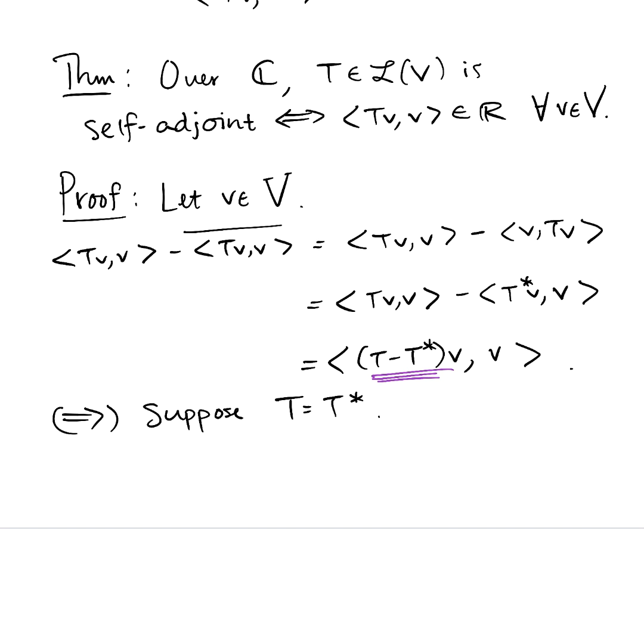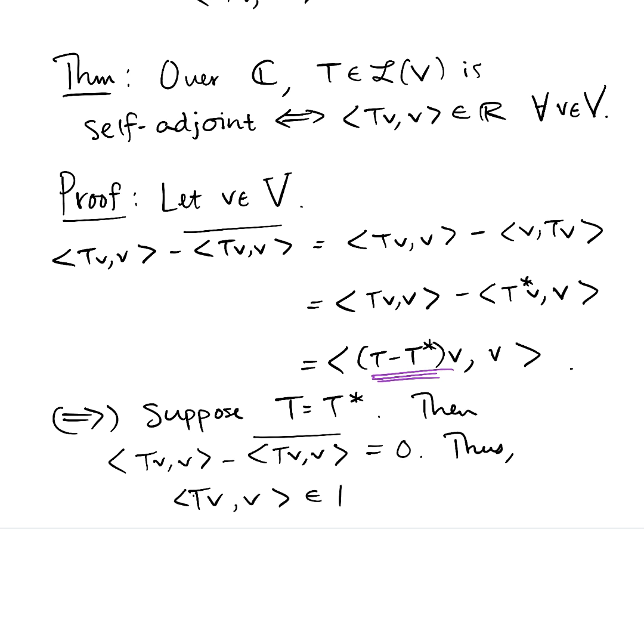So if T equals T star, then TV inner product V take away TV inner product V conjugate is 0. Thus, TV inner product V is real. All right, so we're done with that direction.